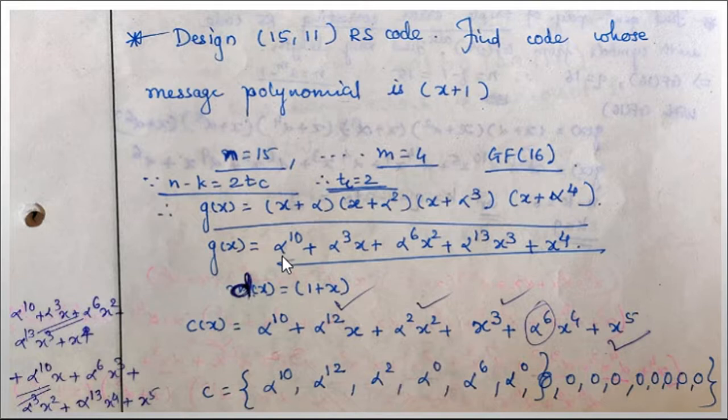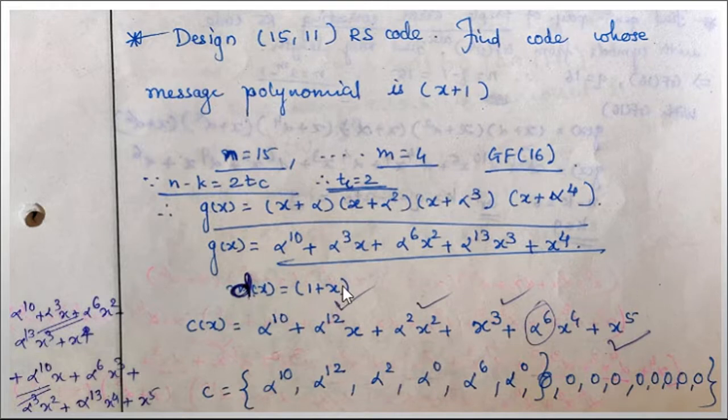Alpha raised to 10 is the coefficient of x raised to 0, x has the coefficient alpha cube, and x raised to 4 has the coefficient 1. It means the coefficients are not only 0 or 1, but are in terms of alpha. That's why it is called a non-binary cyclic code.